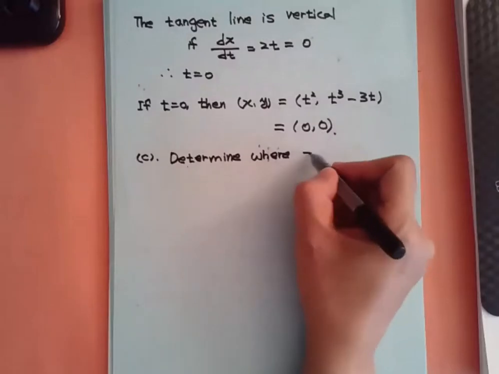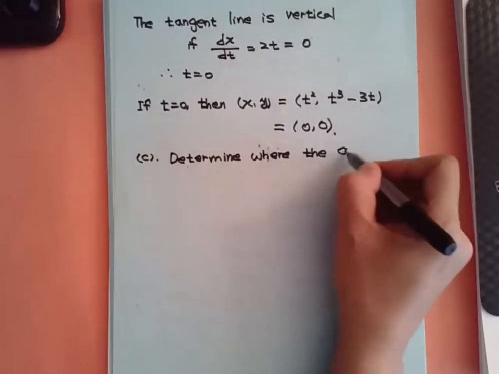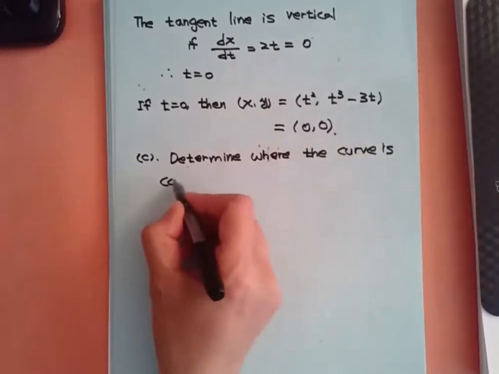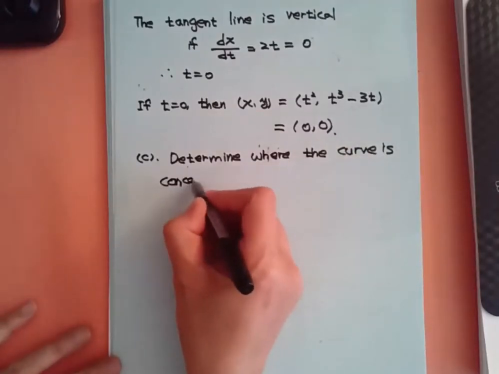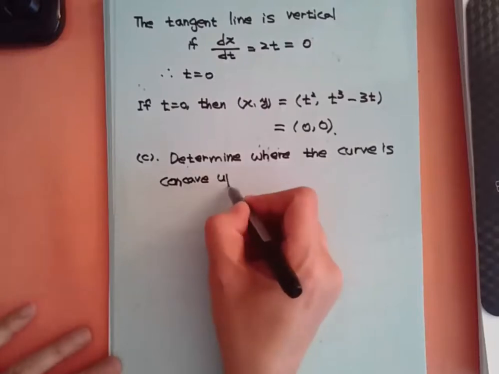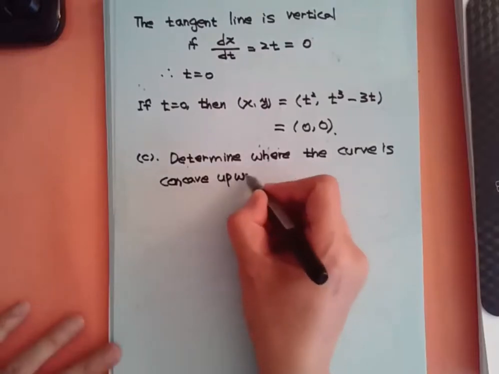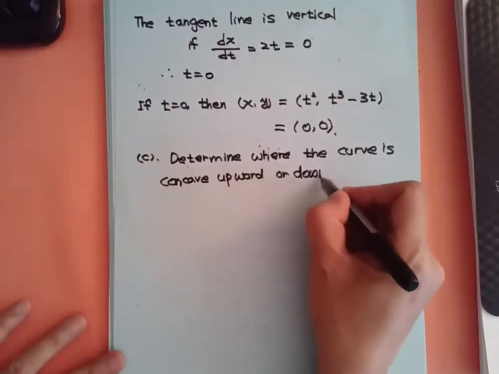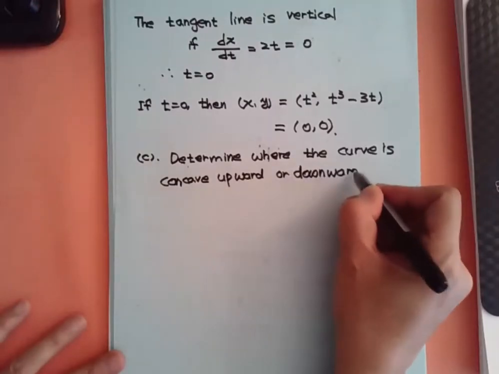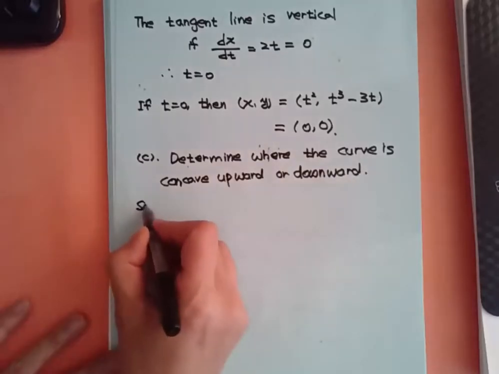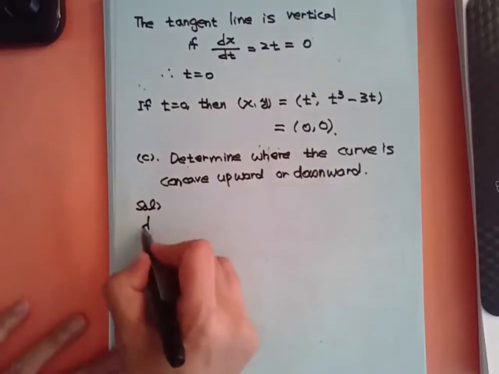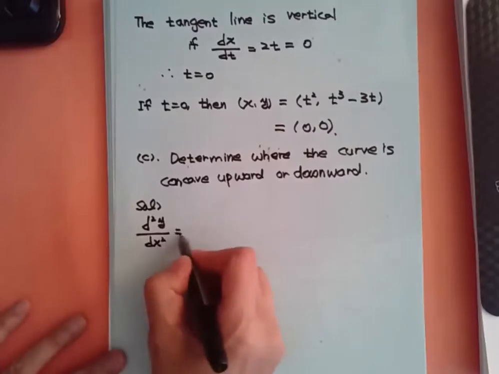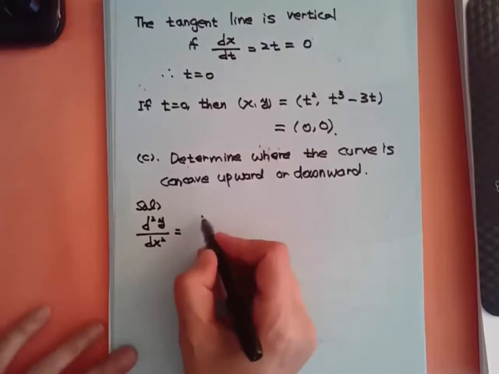Determine where the curve is concave upward or downward. d squared y over dx squared. So we are calculating the second derivative.